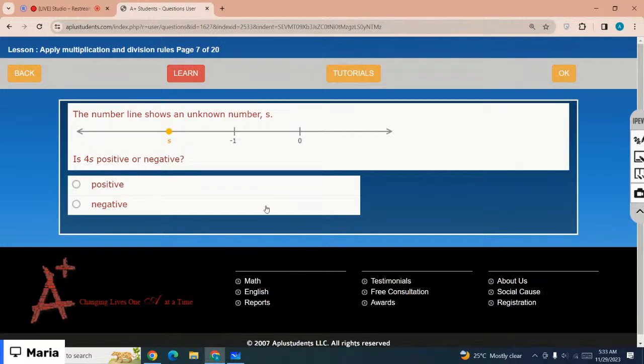Yes, s is a negative number because s is on the left hand side of the zero, so it is negative.